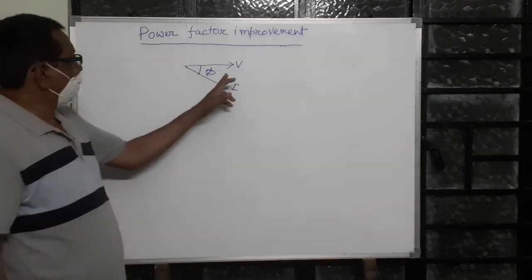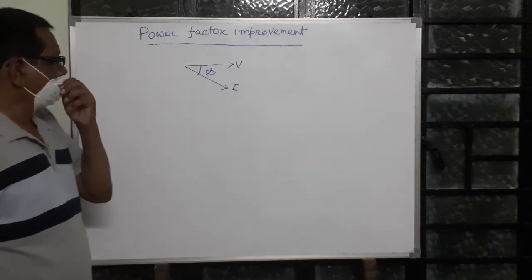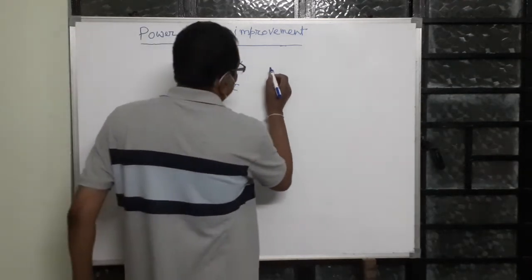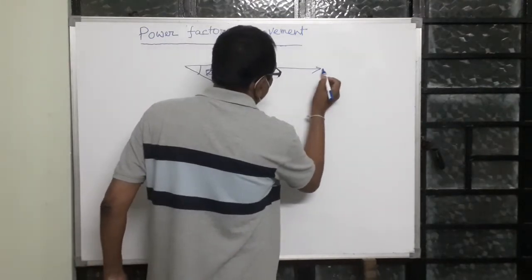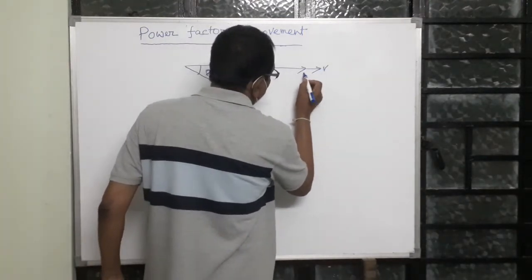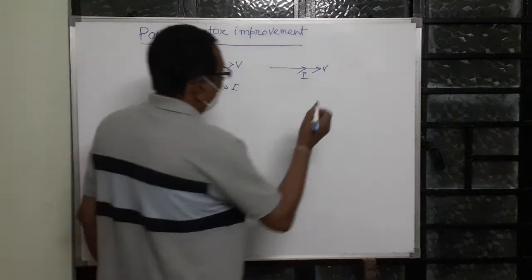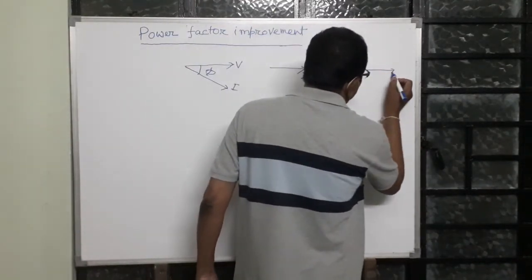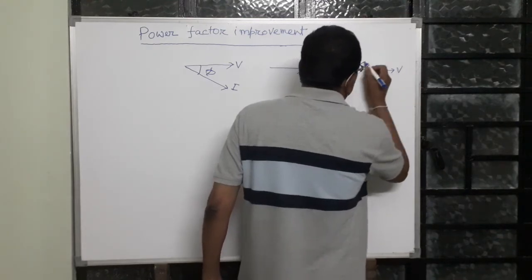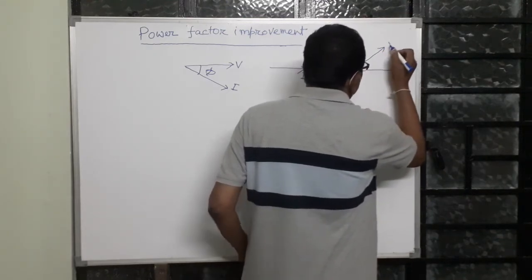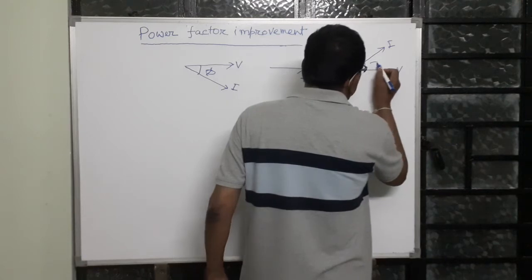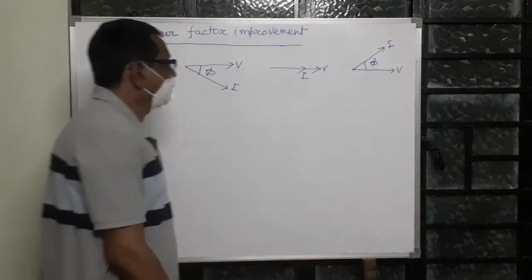So, this is called lagging power factor. If V and I are in the same phase, the power factor is unity, and if with respect to V, current is leading, this is called leading power factor.